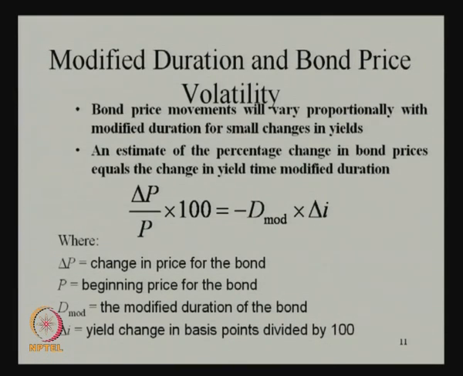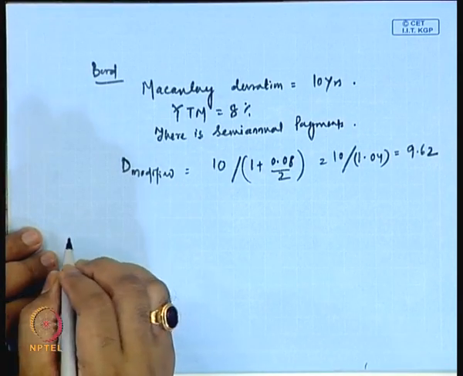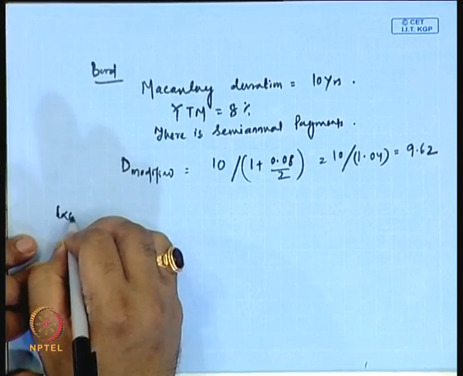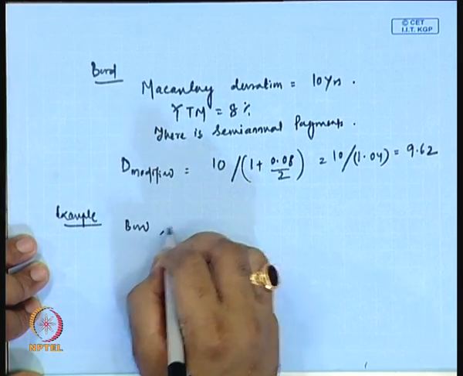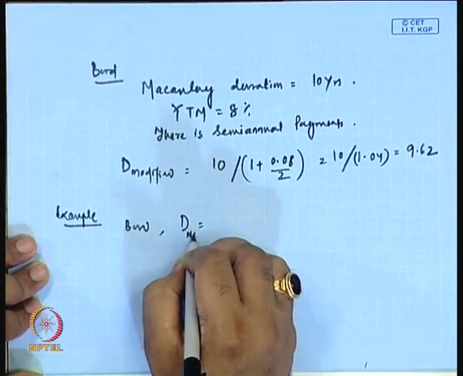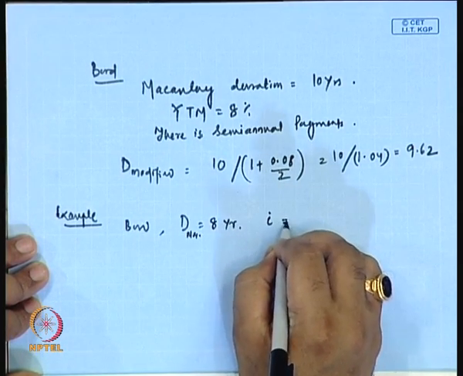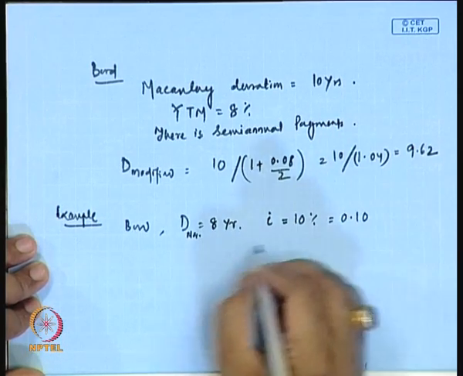For example, consider a bond where the Macaulay duration is 8 years and the interest rate is 10%, 0.10.